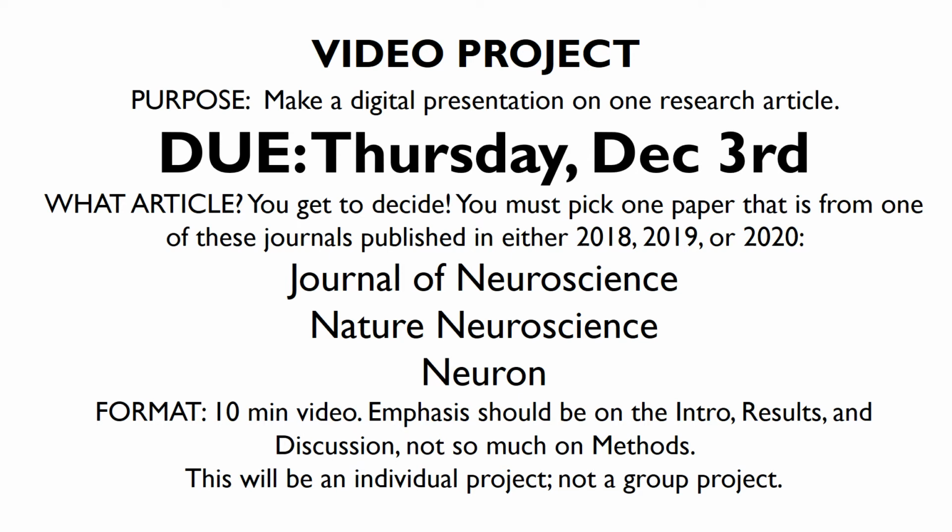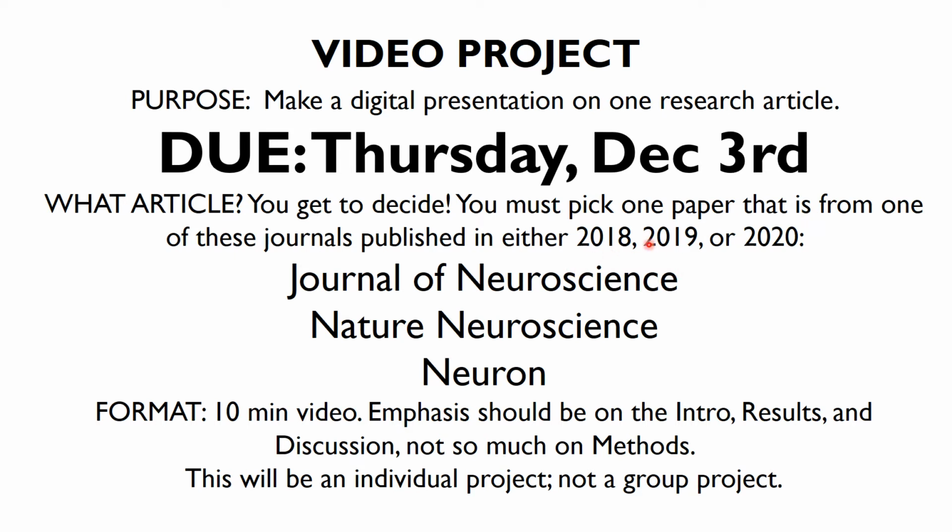And what article do you get? What article are you going to present? Well, you get to decide. You can pick any paper that is from one of these three journals: the Journal of Neuroscience, Nature Neuroscience, or Neuron. And it needs to be published within the last 3 years.